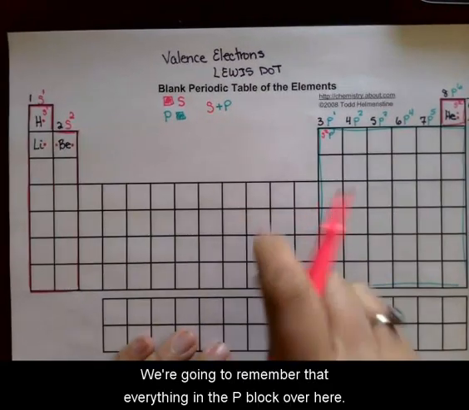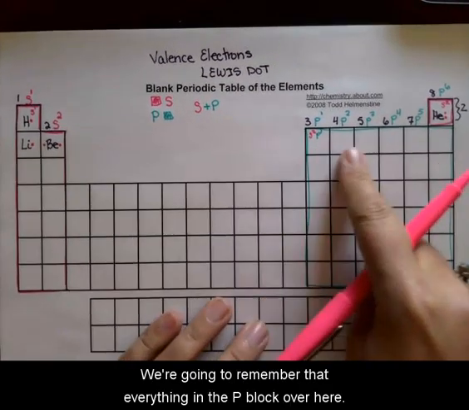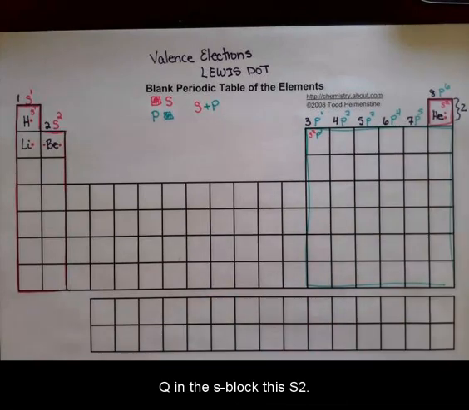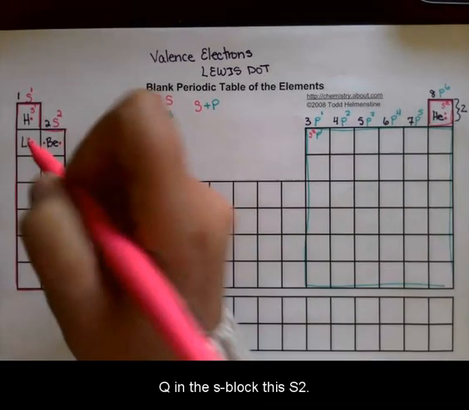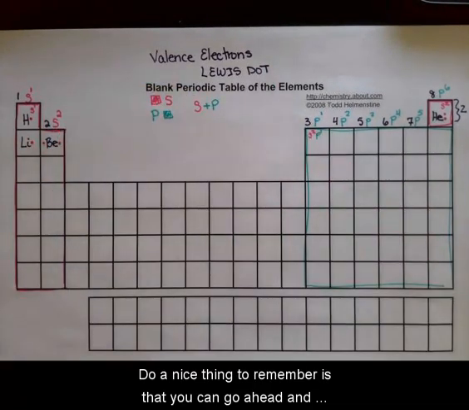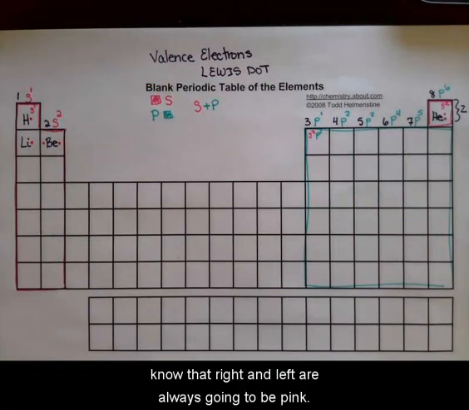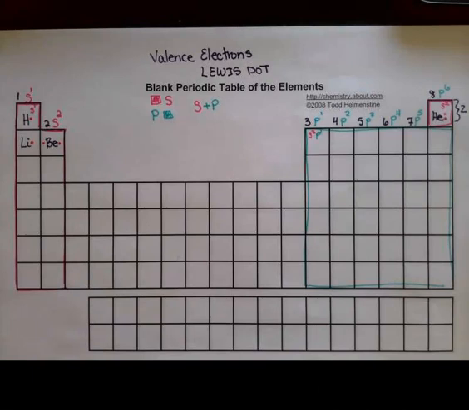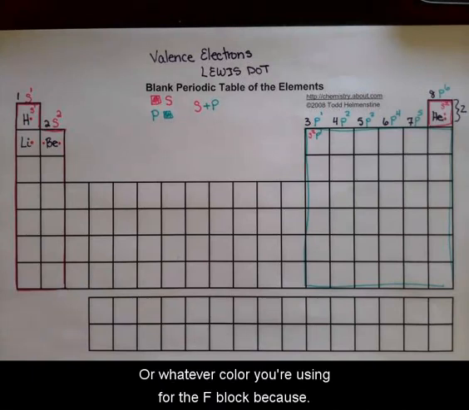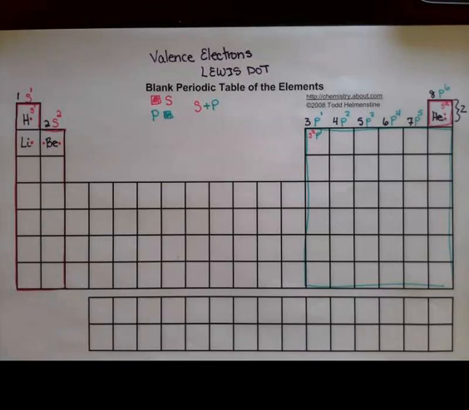Now, we're going to remember that everything in the P block over here has two in the S block, this S2. So a nice thing to remember is that right and left are always going to be pink or whatever color you're using for the S block, because P blocks cannot fill without two from the S blocks filling.